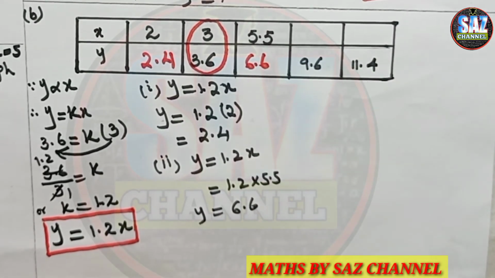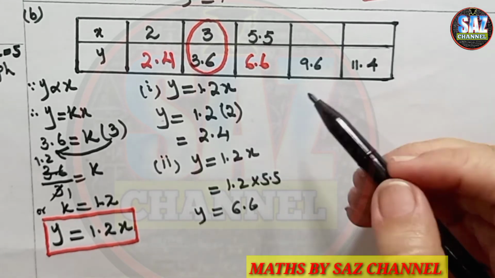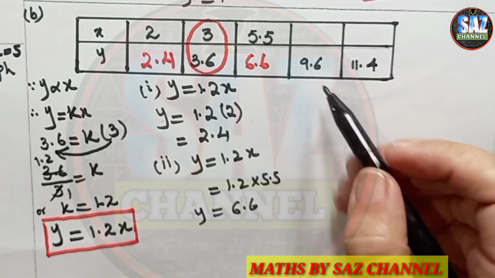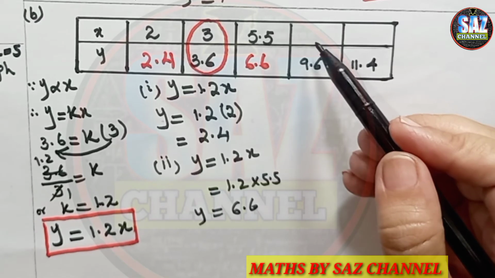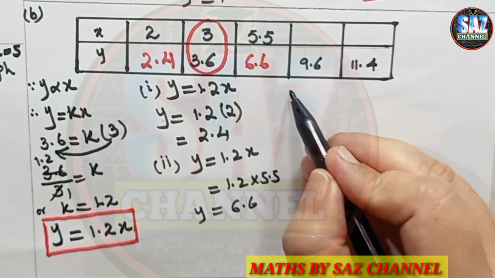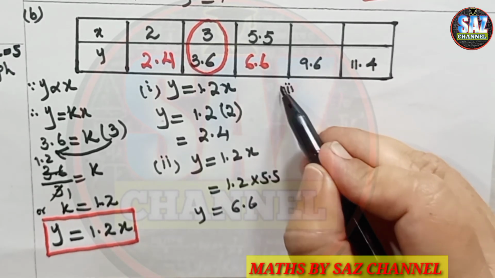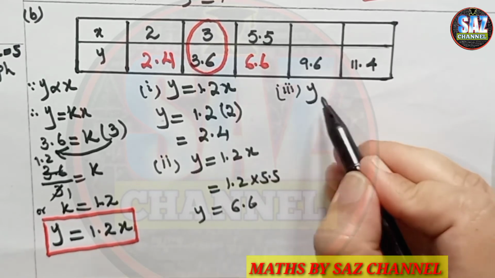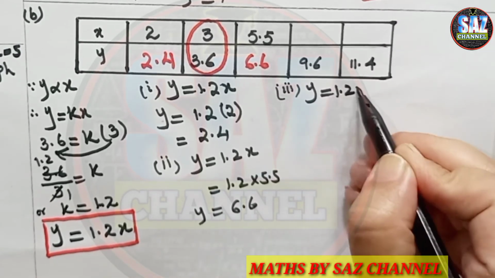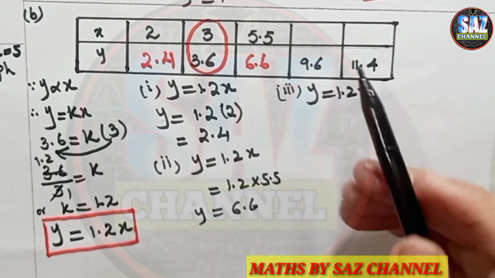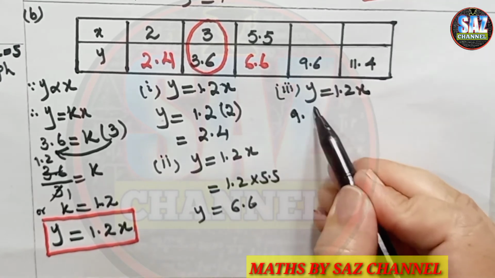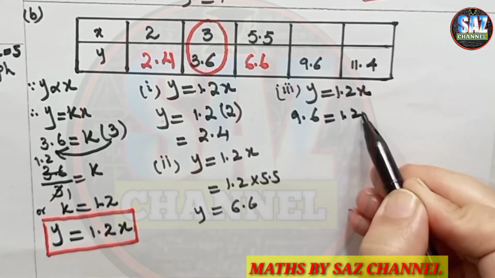Let's move to the third unknown, that is, the value of y is given as 9.6, and we have to find the value of x for that. Now again take the basic relationship that y equals 1.2x. Instead of y, replace 9.6 equals 1.2x.